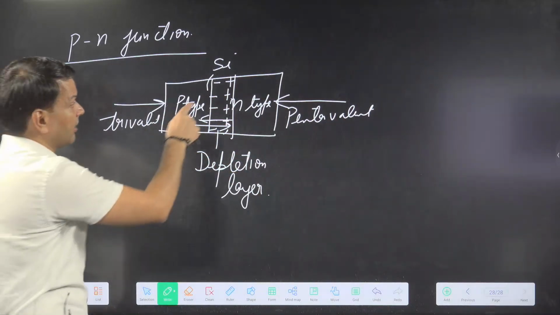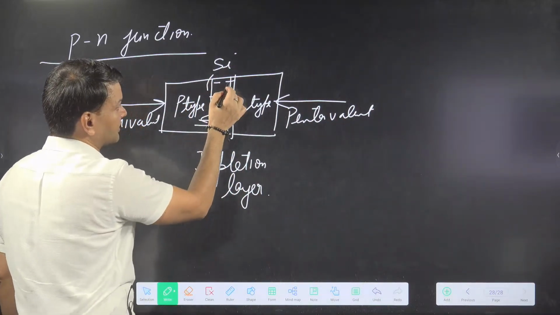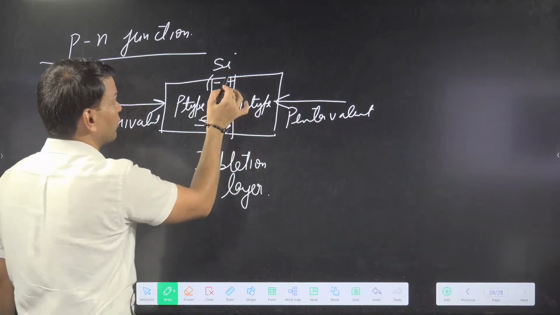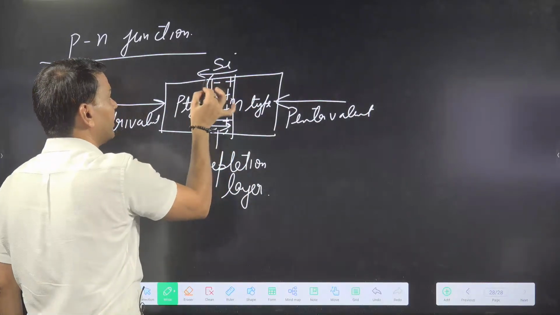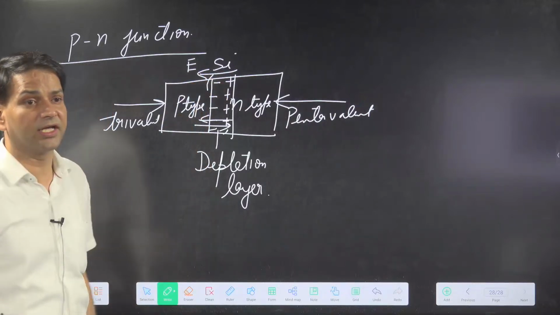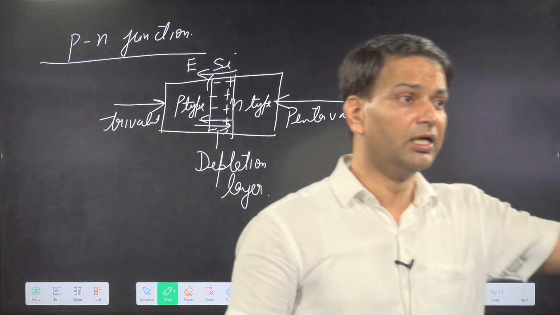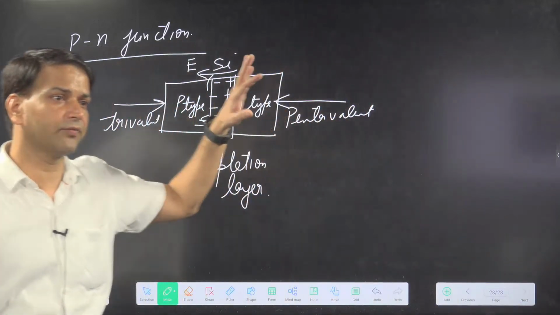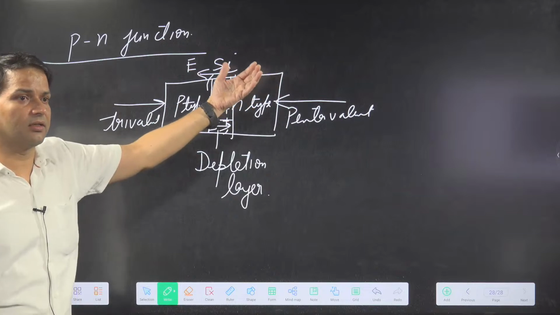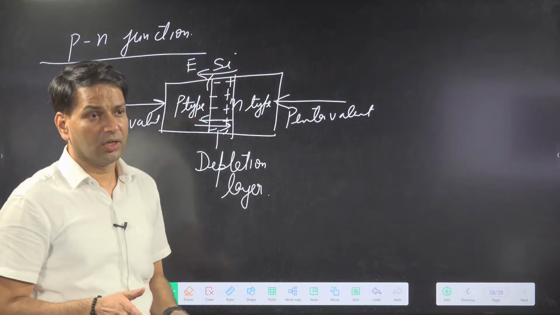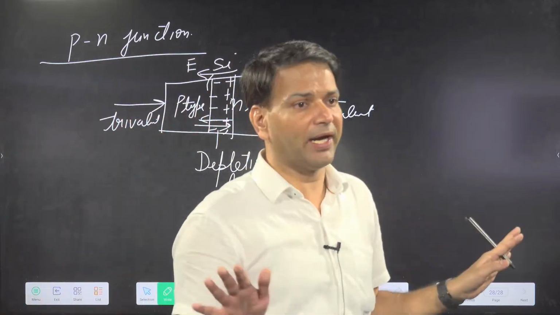Okay, and when they develop like this, you can see N side positive, P side negative. So it will develop an electric field, and we know that the electric field direction is always from the positive terminal to the negative terminal. So the electric field will be directed from the N side to the P side. Here I have not put any battery or anything.